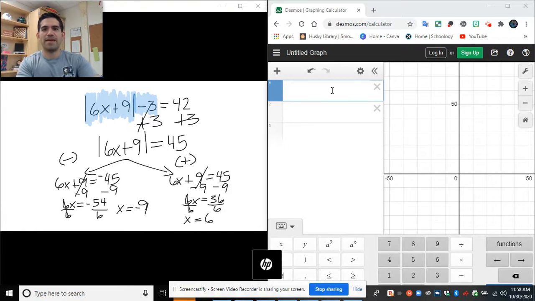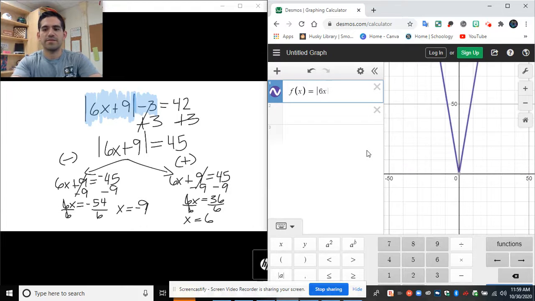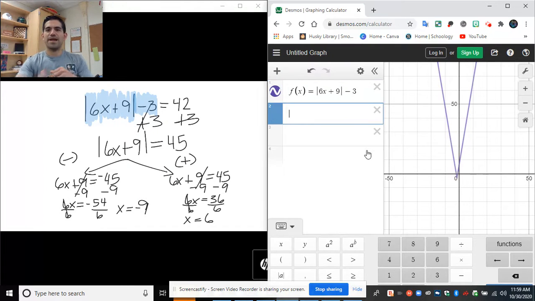So I'm going to type it in as f of x equals the absolute value of 6x plus 9 minus 3. Here I have my absolute value function that we said we were going to have. Now I want to know, for what x values is this function going to equal 42?